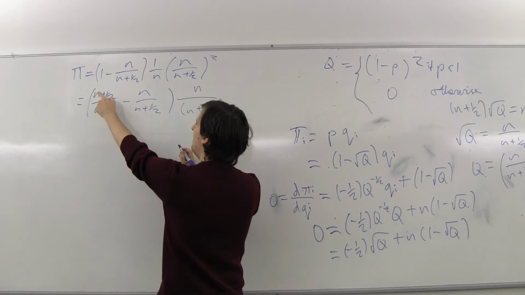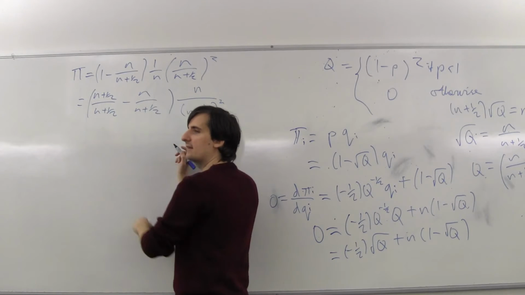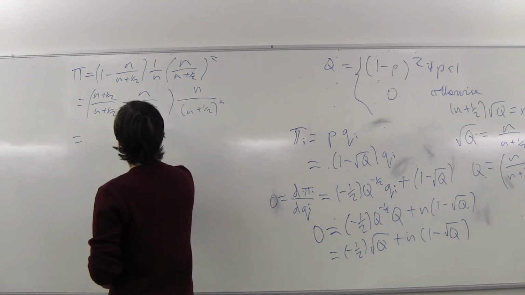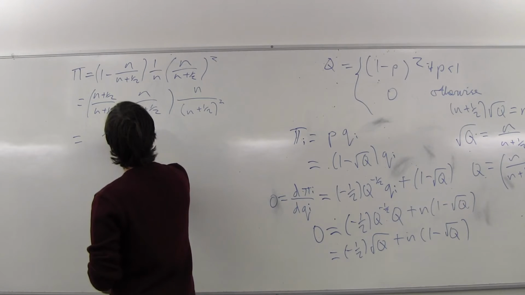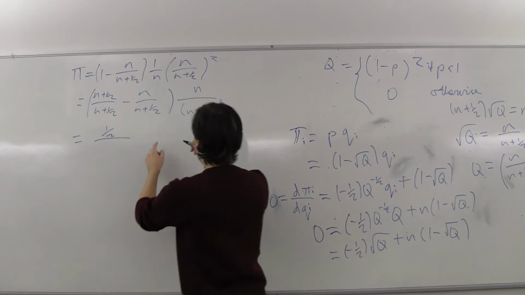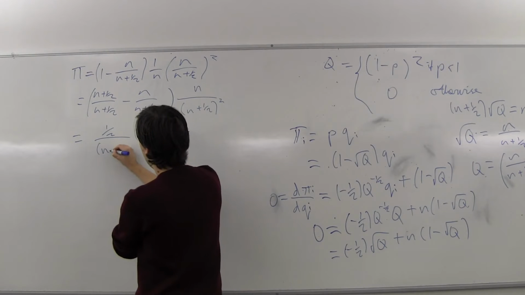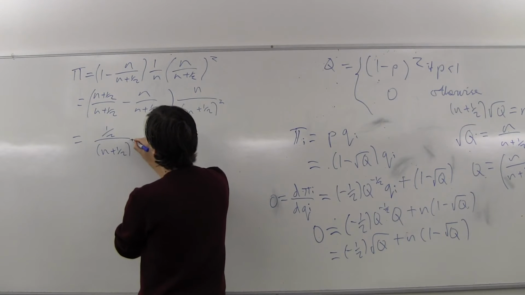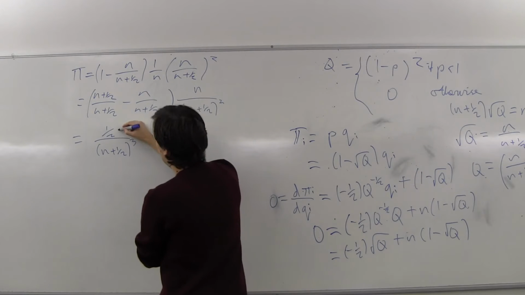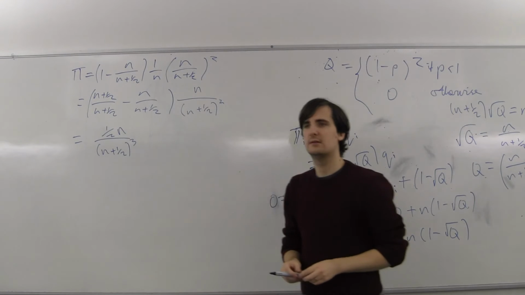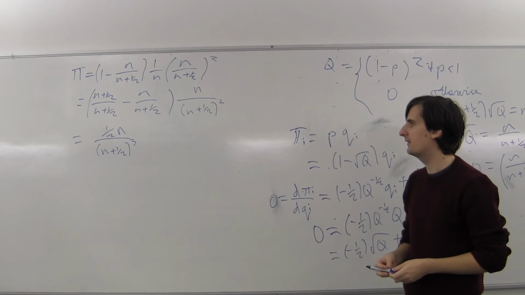Looking at this bit, we've got n plus a half over n plus a half minus n over n plus a half. The n's cancel. So this is half over n plus a half, but we've got an n plus a half squared here, so in total we get n plus a half cubed. We've got 3 copies, and then we've got an n coming from here, so this is half n over n plus a half cubed.